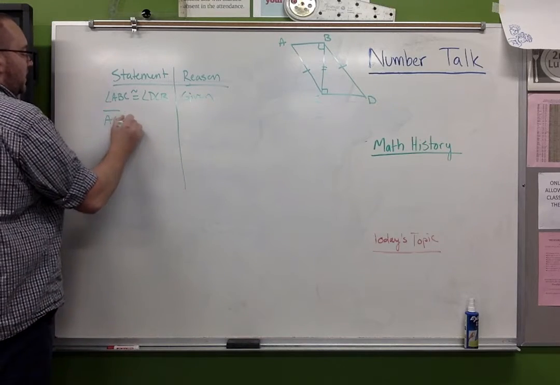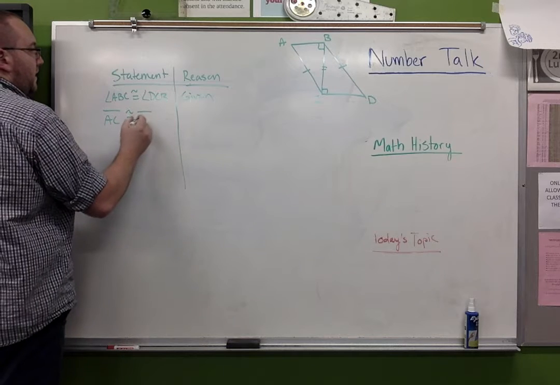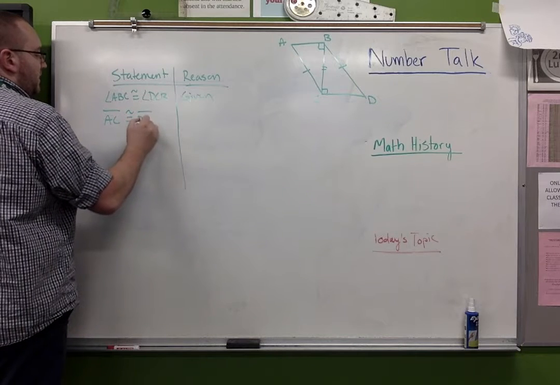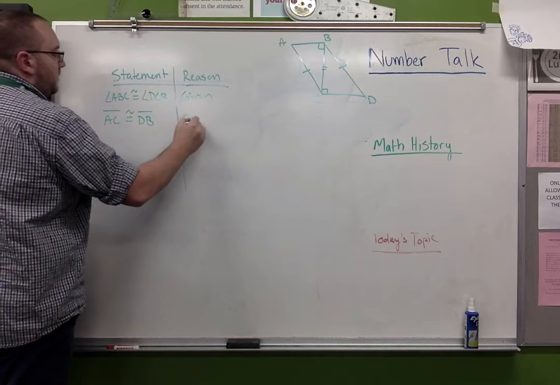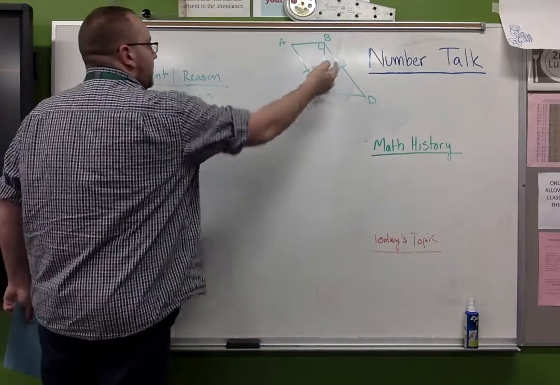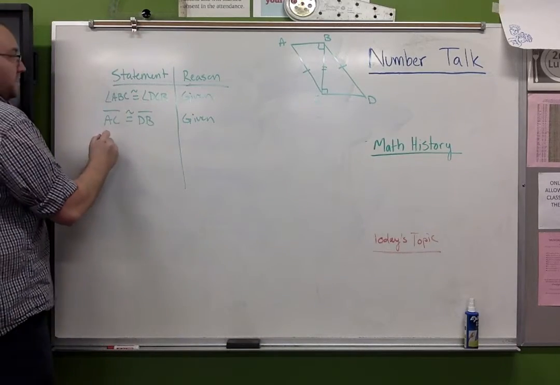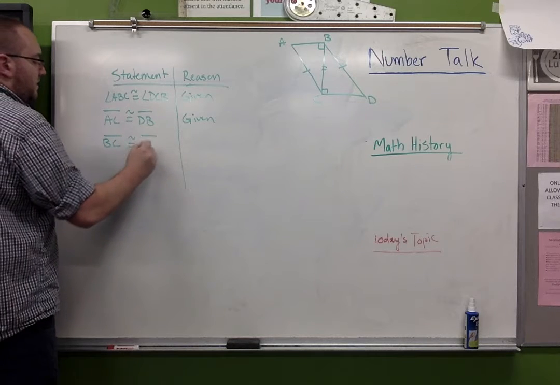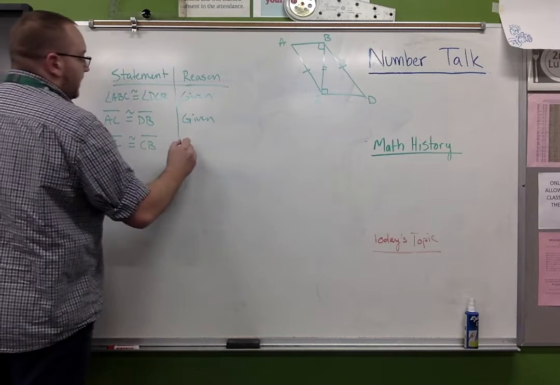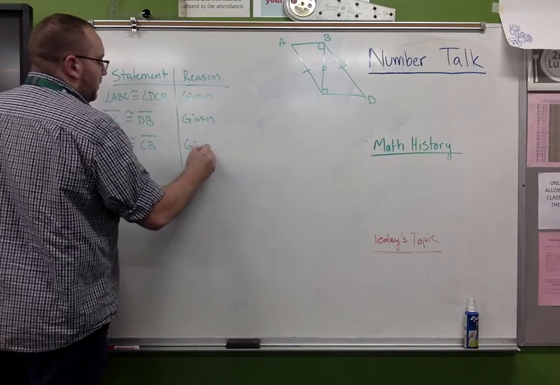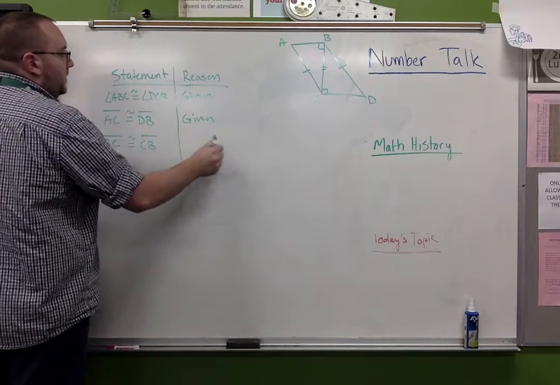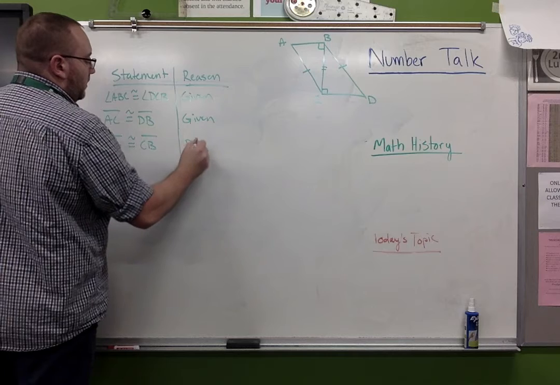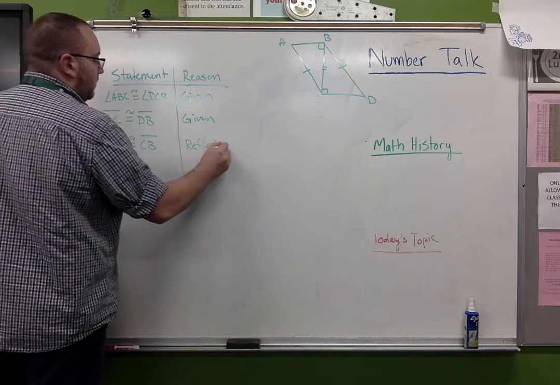Side AC is congruent to side DB. That's given by those little notches there. Side BC is congruent to side CB. That is given, right? Well, actually, it's not really given. It's reflexive property. Sorry. Reflexive property.